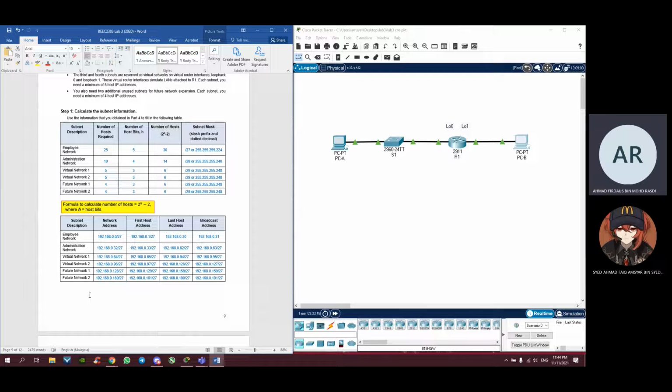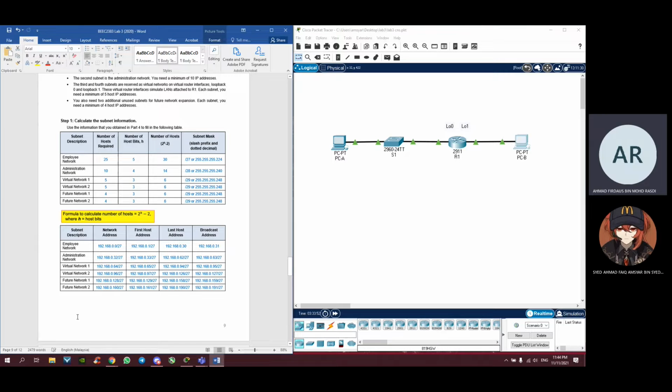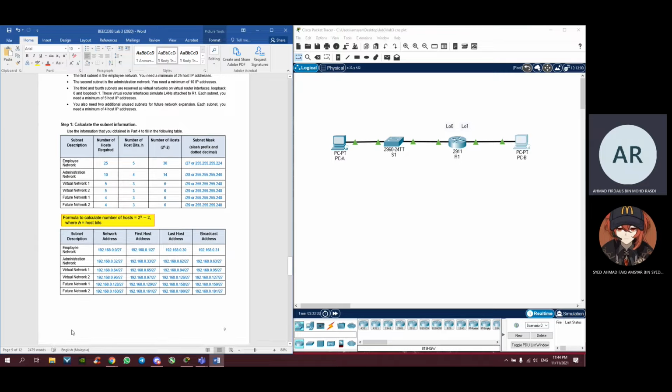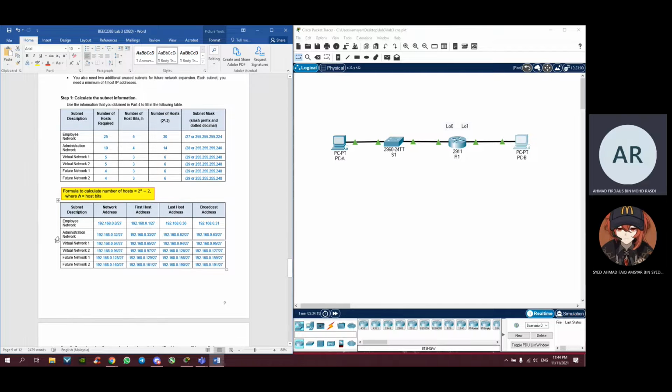For the subnet mask, the first is /27, or 224 at the back, and the second one is /28, or 240 at the back, and for the remaining four, from virtual network 1 until future network 2, is /29, or 248 at the back. And for the second table, we just take from the part 1 table and put it in.